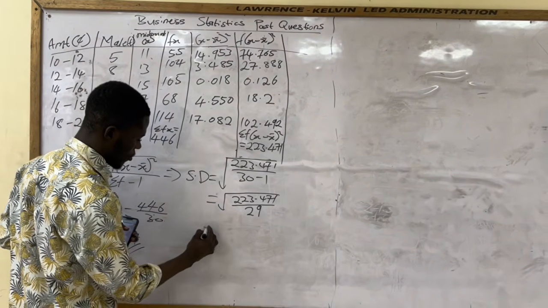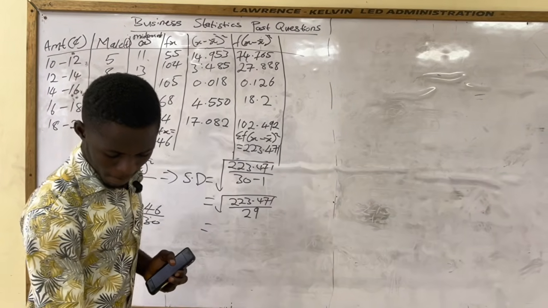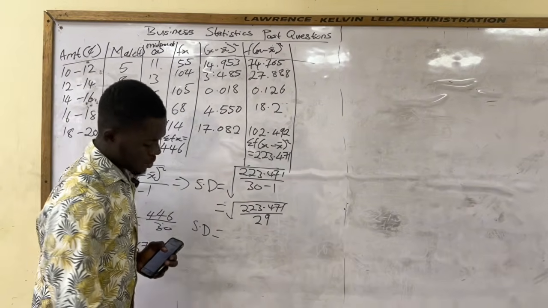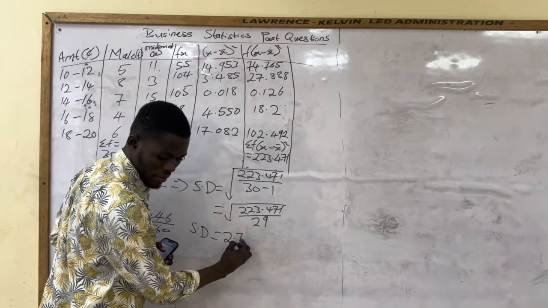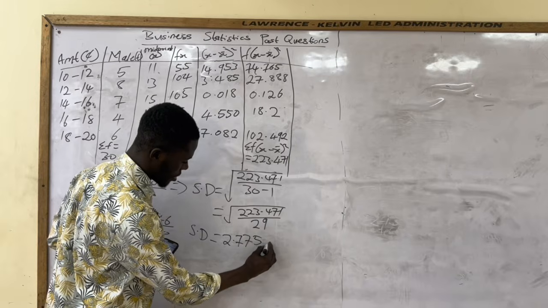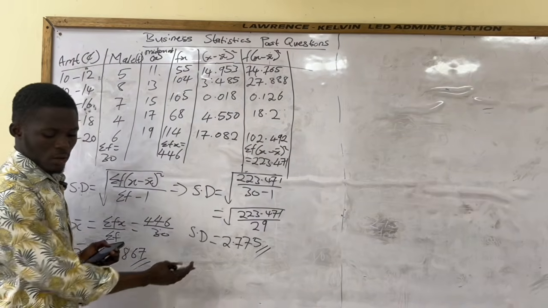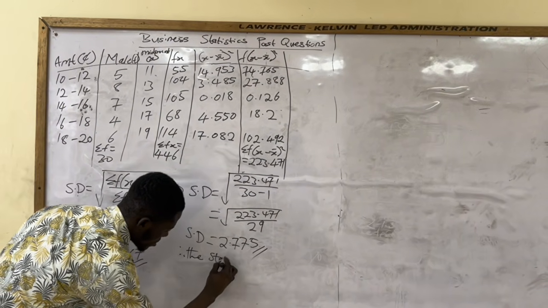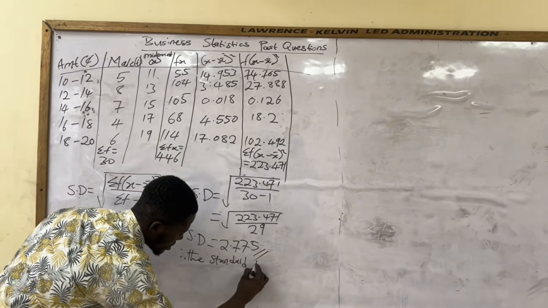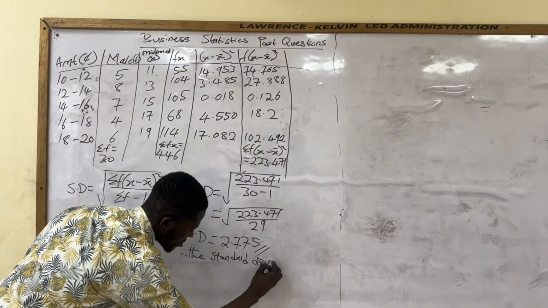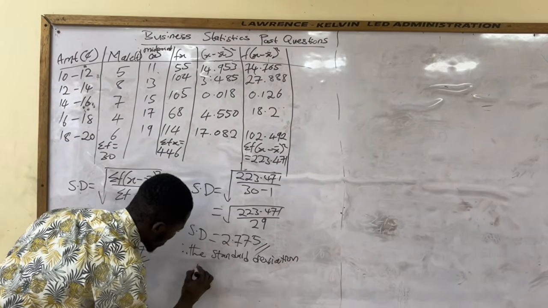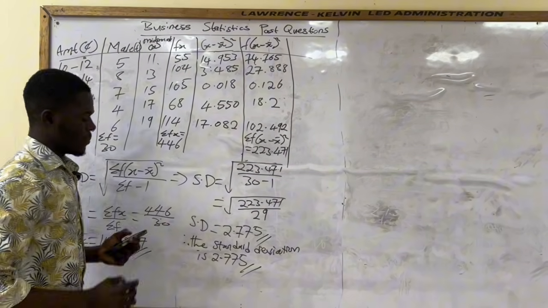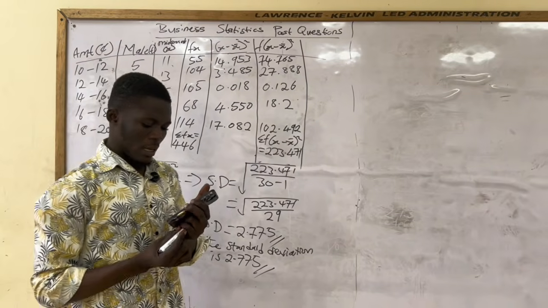Then we'll get our standard deviation to be 2.775, okay? Yeah, so when you get to this point, therefore the standard deviation is 2.775.